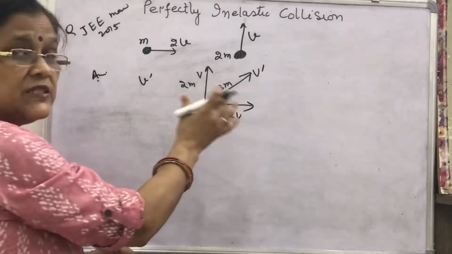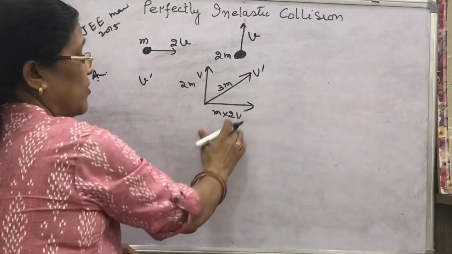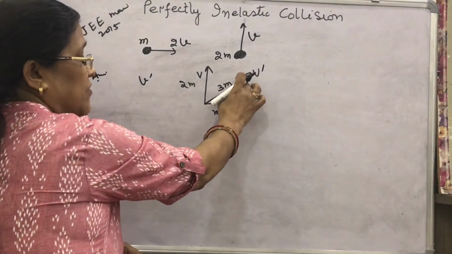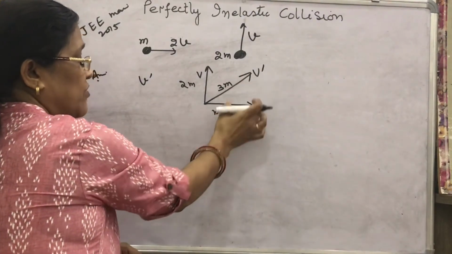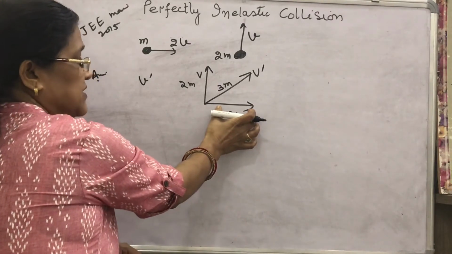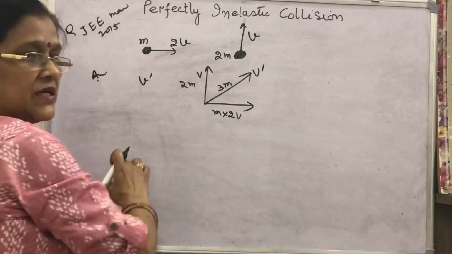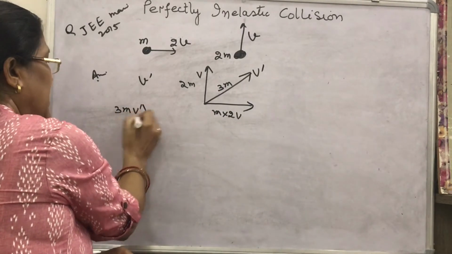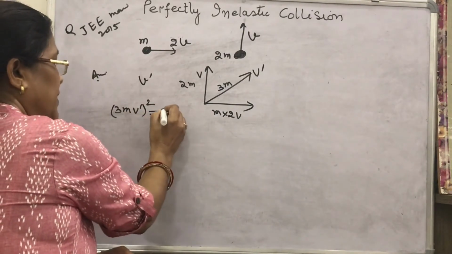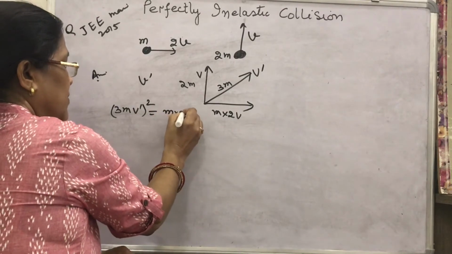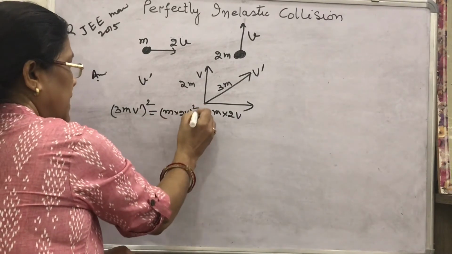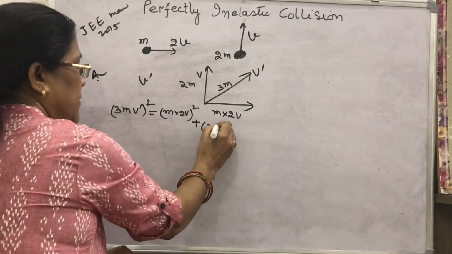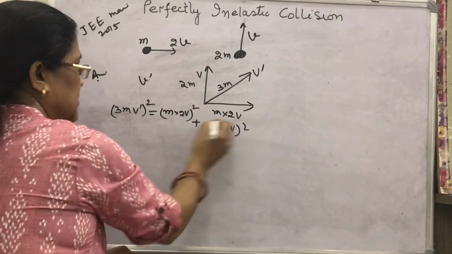Momentum conservation is applied here. Look in the vector form. The square of this vector will be equal to the square of the vector along x-axis plus the square along y-axis. What can you write here? (3m v dash) whole square will be equal to (m into 2v) whole square plus (2m into v) whole square.